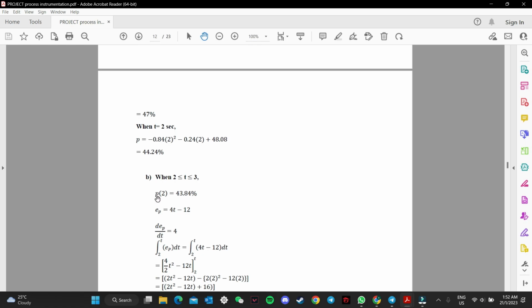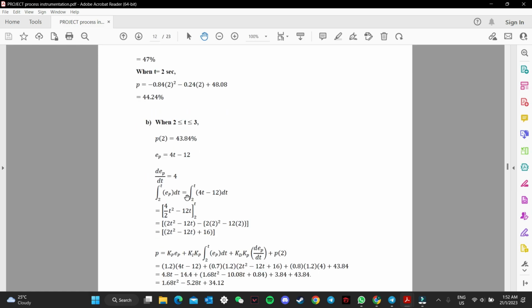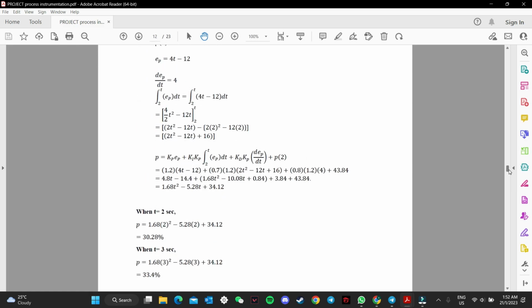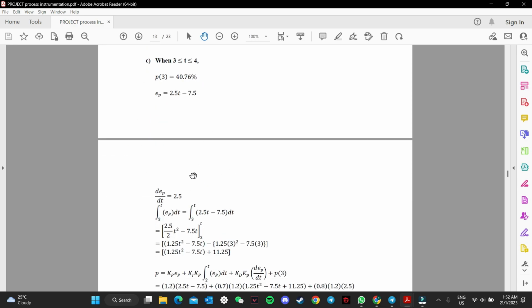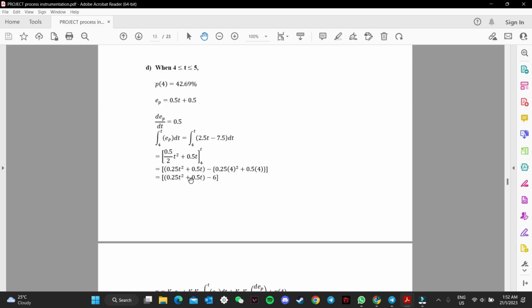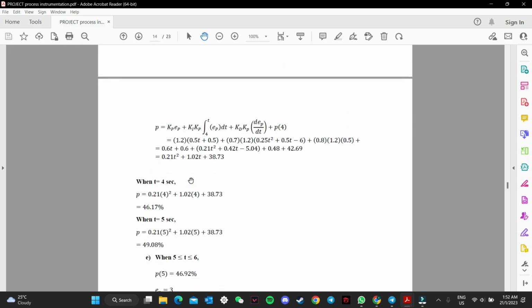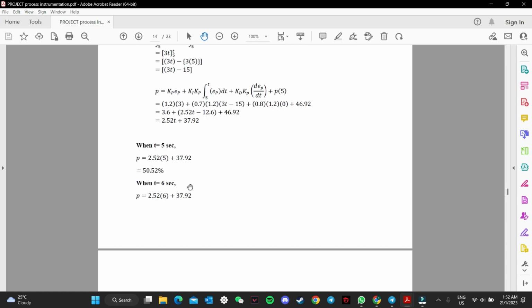At that second, just refer back to the PI controller value that we obtained from the previous part. So we are going to use the same step until the time second equal to 15 seconds.